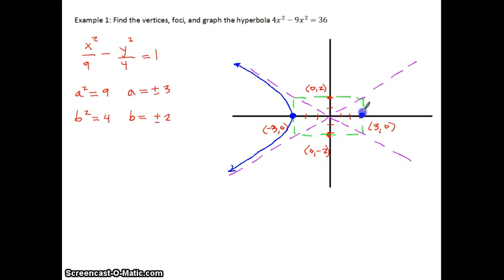Likewise on this side here, here's a vertex of the parabola, I'm going to go outward towards that asymptote, and that makes up the graph of the hyperbola.